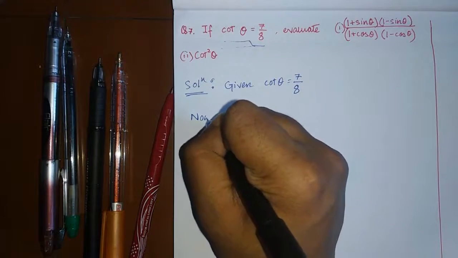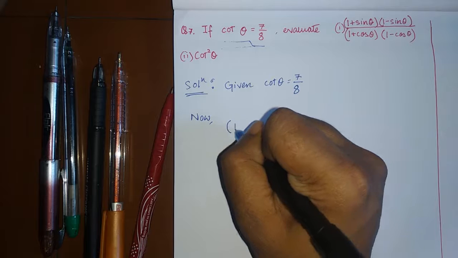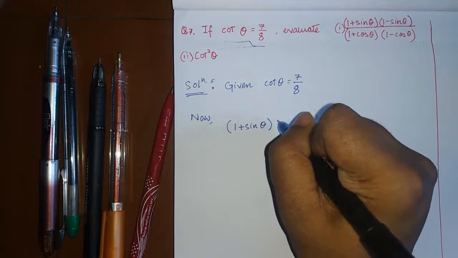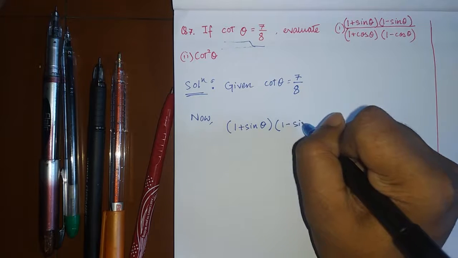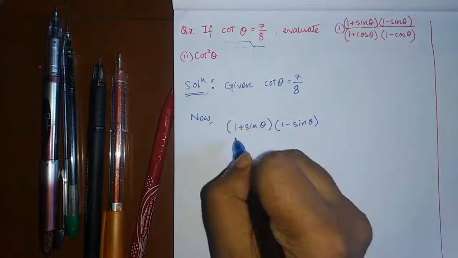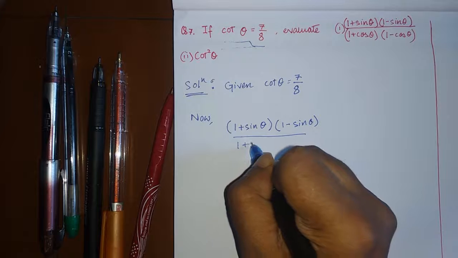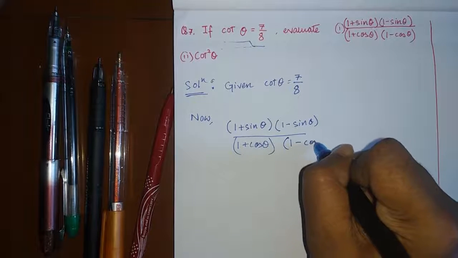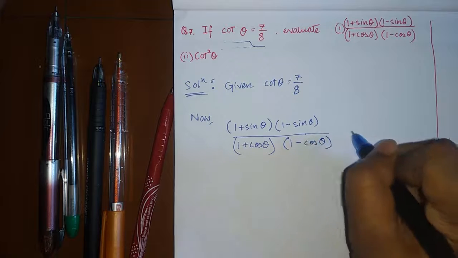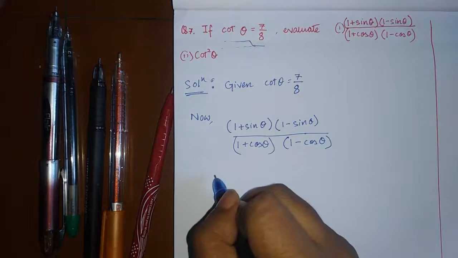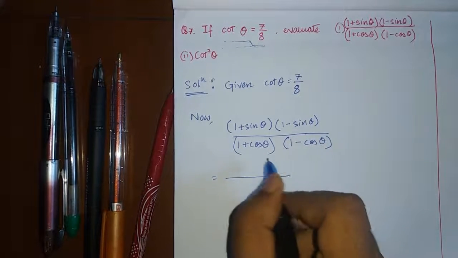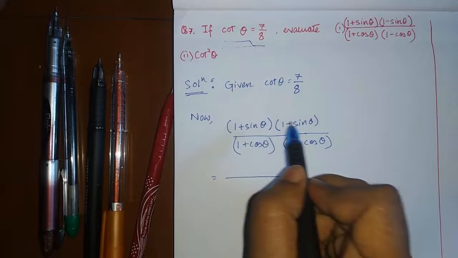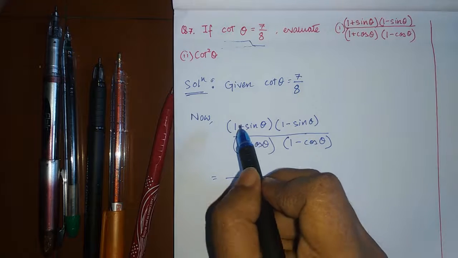Now 1 plus sin theta, 1 minus sin theta, by 1 plus cos theta, 1 minus cos theta. It might look scarier at the start, but don't think it's scary, because I'll show you. So this is it. Now you have to just multiply the terms. Do you know how to multiply a plus b, a minus b terms? I'll show you.